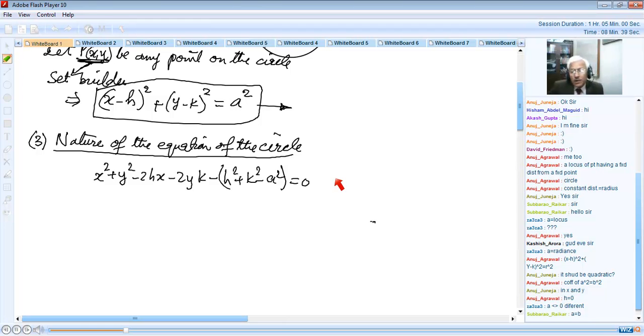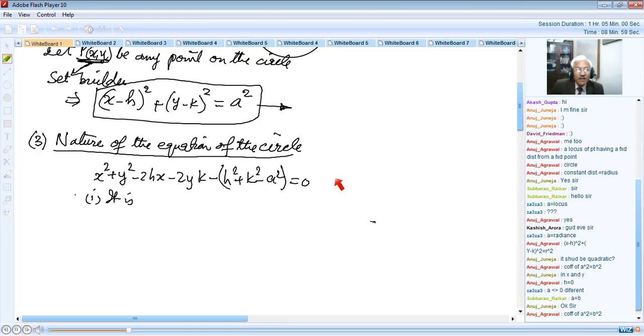Well, we don't call it quadratic. We call it a second degree equation in x and y. I'll come to that tomorrow, very quickly. What is the nature here? It has these characteristics. Number one, it is a second degree equation in x and y.